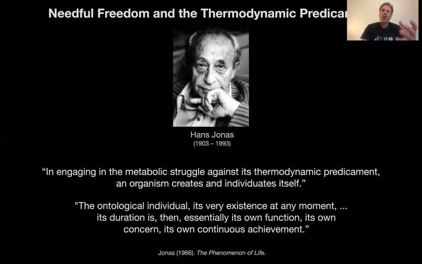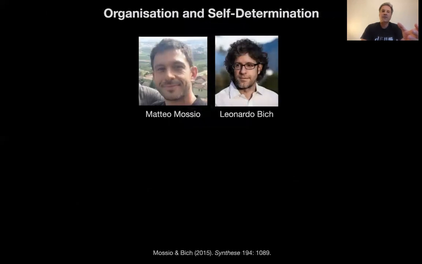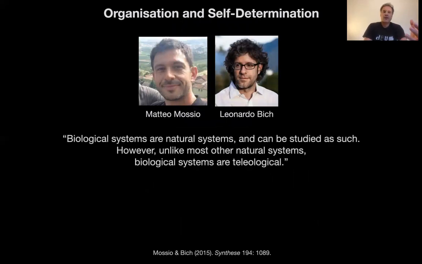And the point here is that it's not bad to use this because of organization, and this is from a beautiful paper from 2015 from Matteo Mossio and Leonardo Bich, which is also grounded on earlier work by Alvaro Moreno and others. They write, biological systems are natural systems and can be studied as such. They don't break any laws of physics. However, unlike most other natural systems, biological systems are teleological.